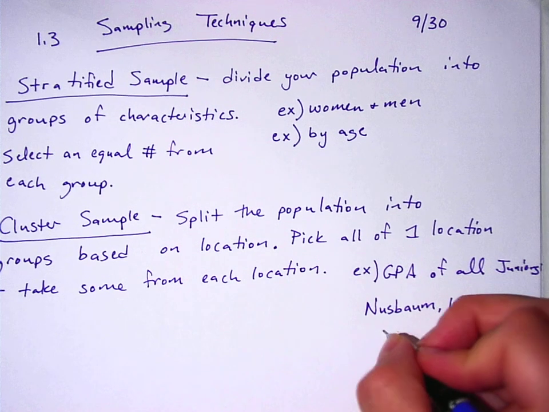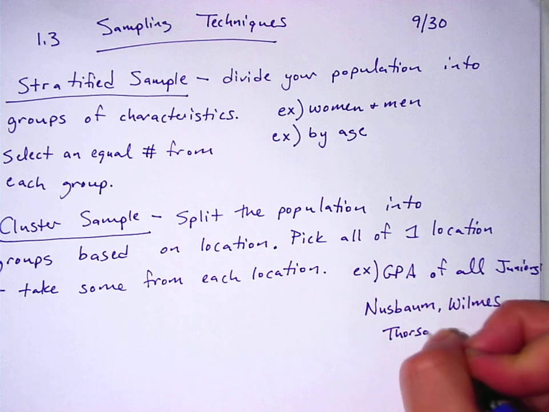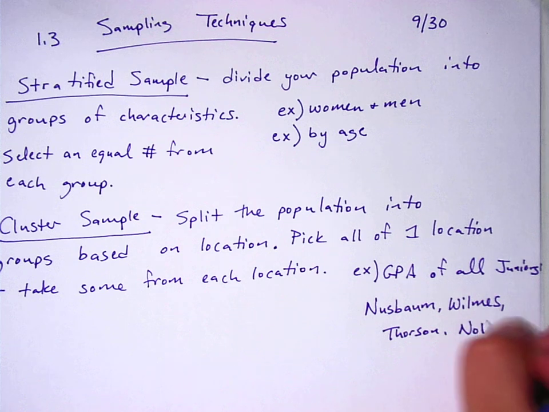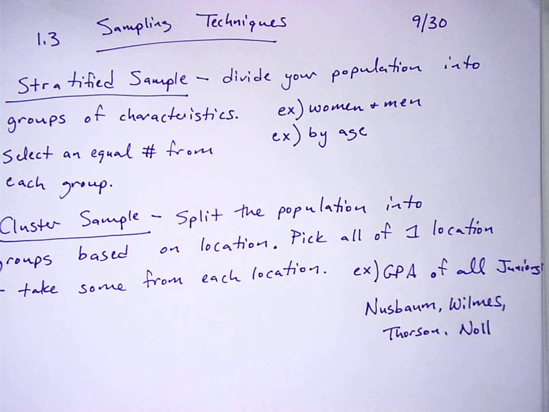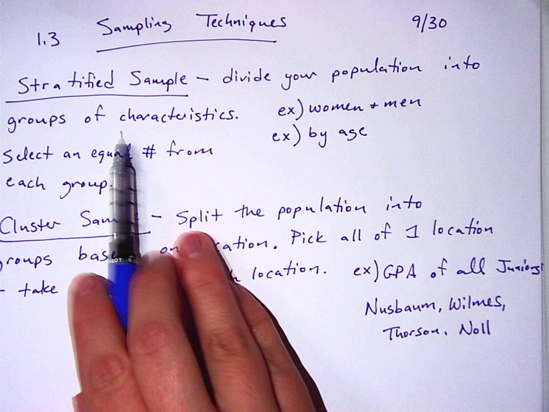And Thorson's homeroom. And Noel's homeroom. So maybe if you wanted to figure out what the GPA was of all the juniors, maybe you would only go into my room and you would just figure out the GPA of everybody in my room. Or maybe you would go to my room, Wilmus's room, Thorson's room, Noel's, and just select 2 people from all of those groups. That's not stratified because, you see, being in a room is not a characteristic.